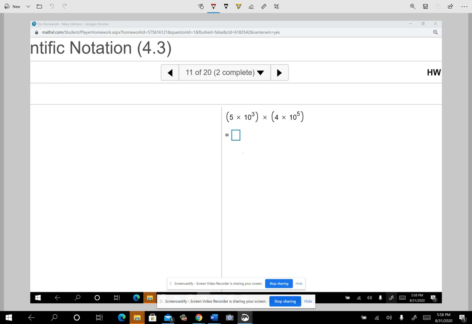Okay. So if I'm trying to do this, this is 5 times 10 to the 3rd, but then it's times 4 times 10 to the 5th. So what you can do is put the 5 times 4, because multiplication is commutative. It doesn't matter the order in which you do it. If it's all multiplication, you can go ahead and do the 5 times 4 and get 20. And then you can work on the 10 to the 3rd and the 10 to the 5th.